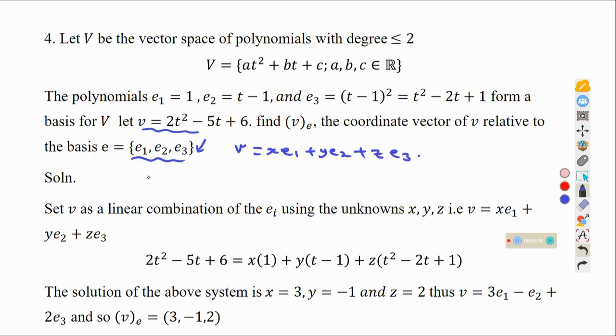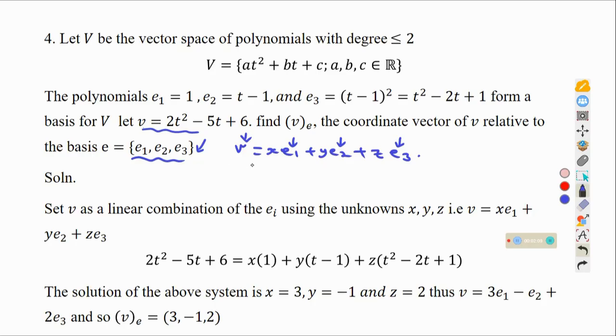That is what we shall have. So you already have your V, you already have your E1, E2, and E3. So you simply substitute for E1, E2, E3, and this V.